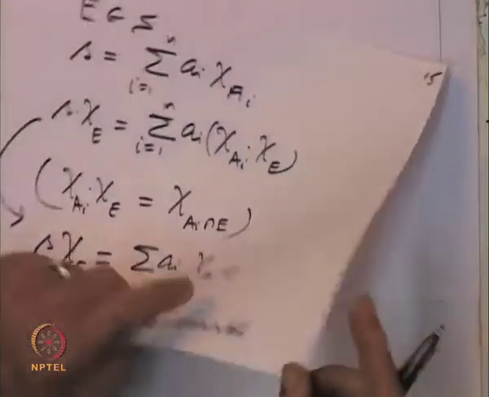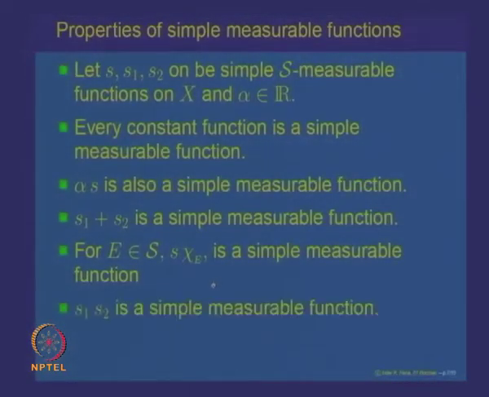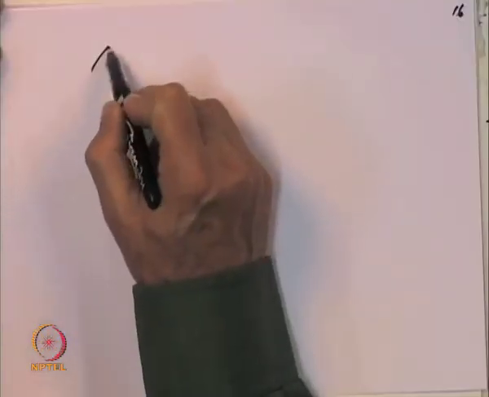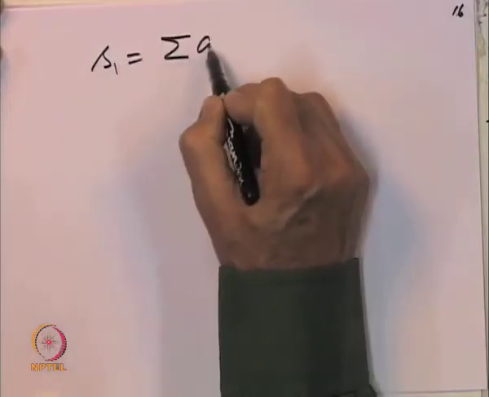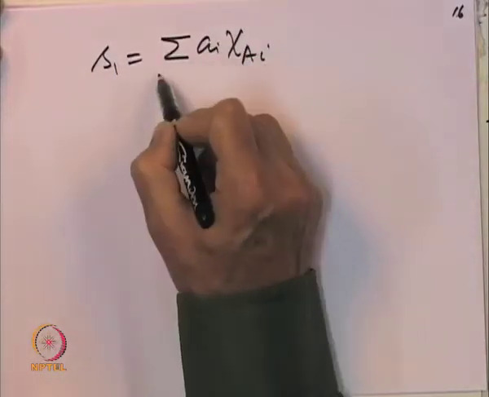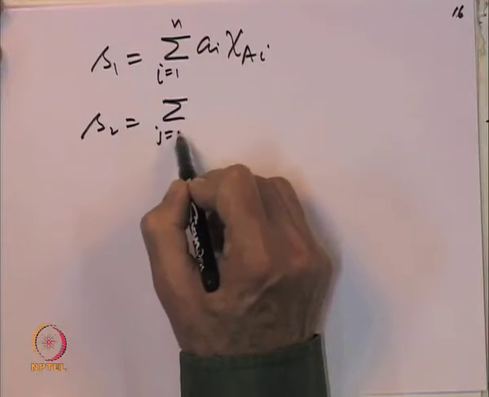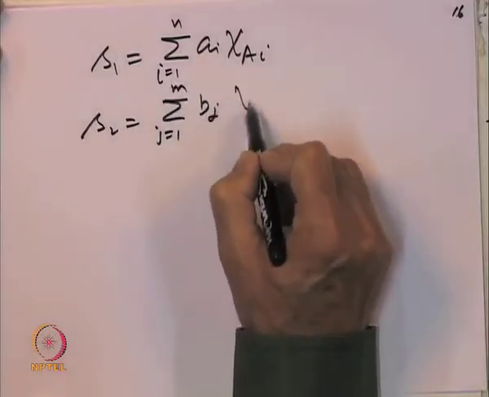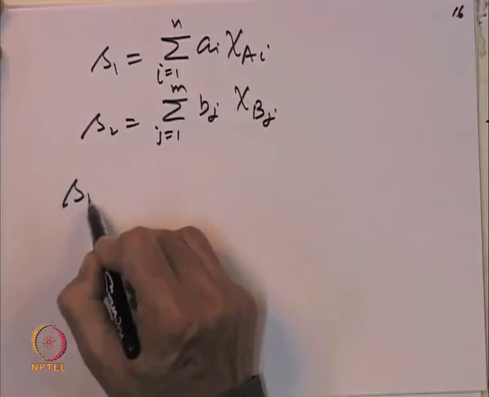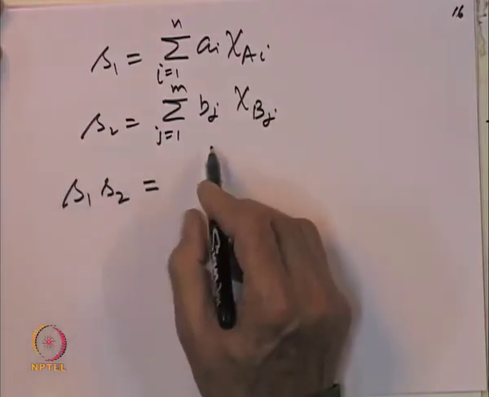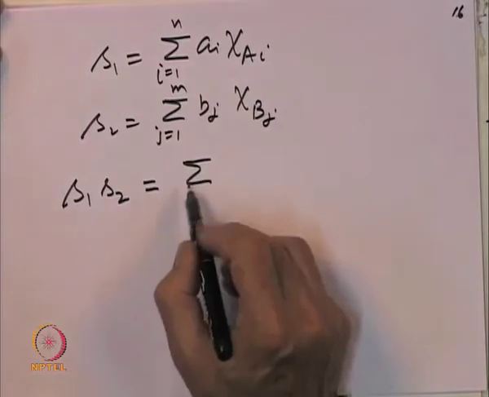So, that proves our next property, and using this it is easy to check that the product of simple measurable functions is also a simple measurable function. So, for that let us take S_1 is sigma A_i indicator function of A_i, and S_2 is sigma j equal to 1 to m B_j chi of B_j. Then S_1 multiplied with S_2 is nothing but we can do the distributive law.